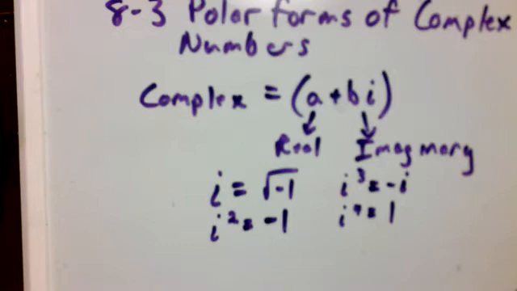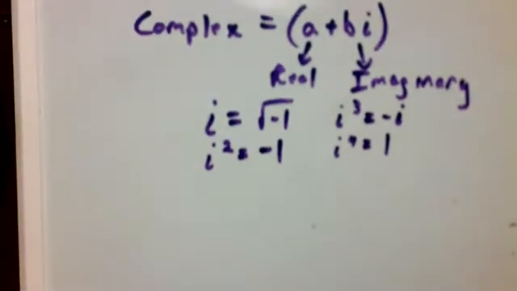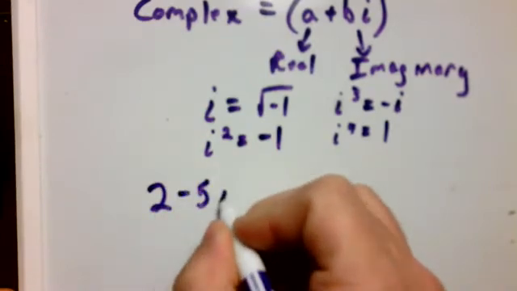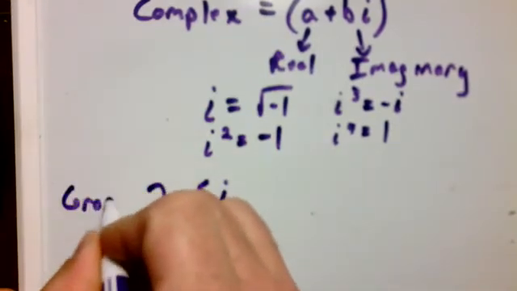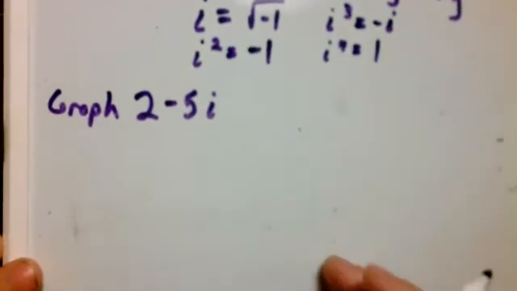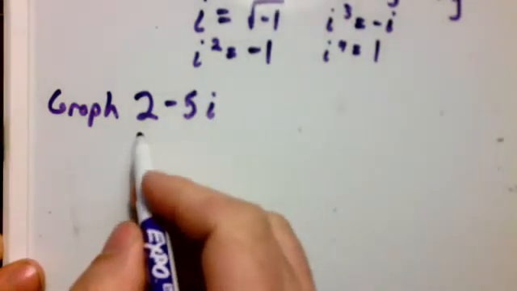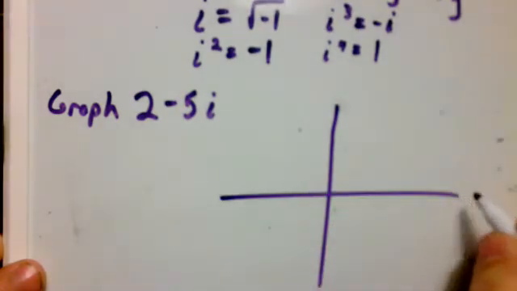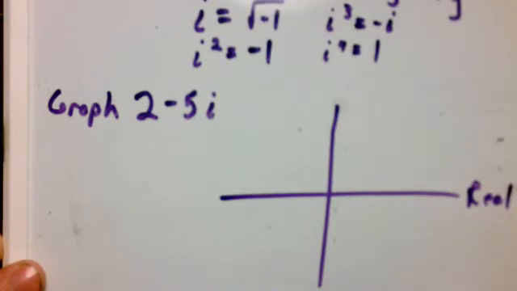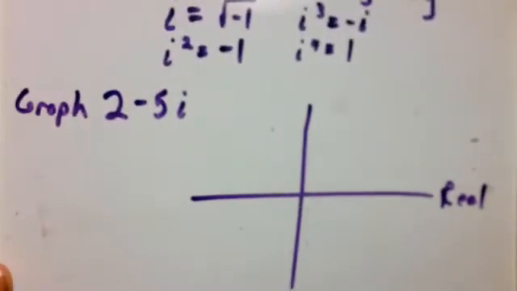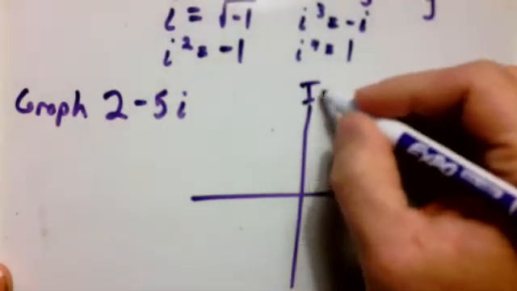Now, you're going to say, what the heck does this have to do with complex numbers? If I wanted to graph something like 2 minus 5i, in our current structure, I don't really have a good system to graph an imaginary number. So what I'm going to do is take this graph. The horizontal axis is going to be the real axis, and the vertical is going to be the imaginary.